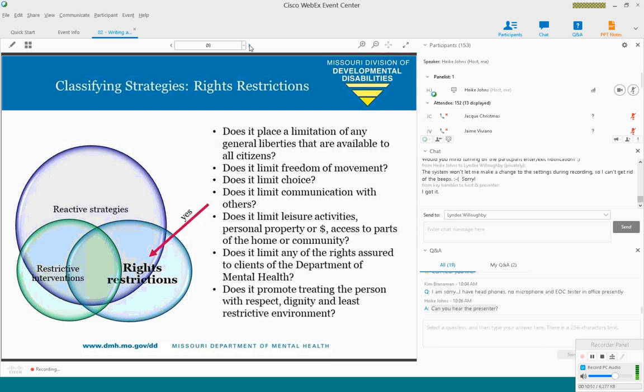So, when those things overlap. Specifically, we're talking about reactive strategies that are restrictive, and it's important to recognize that things like emergency procedures, which is a restrictive intervention that's also a reactive strategy, require the creation and implementation of a safety crisis plan. So that would be one of those situations in which a safety crisis plan would be required.